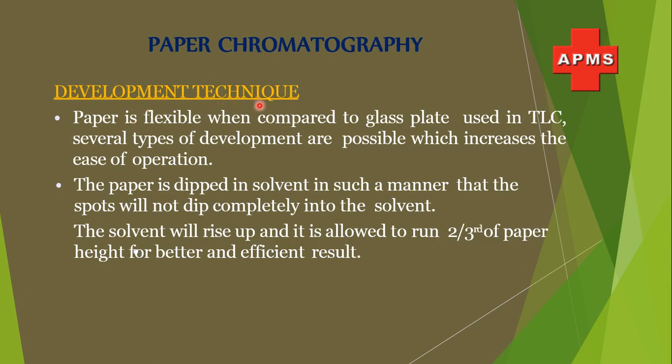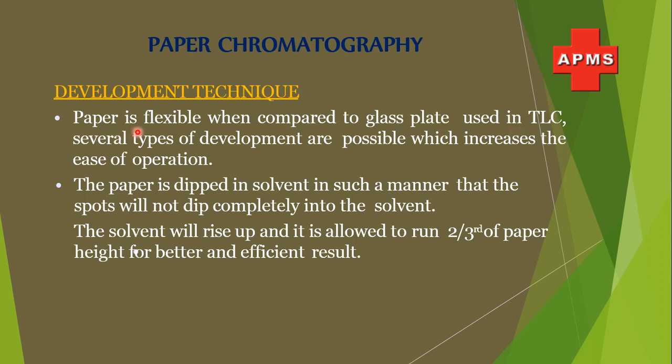Now, development technique. Paper is flexible when compared to the glass plate used in TLC. See here, a comparison of TLC with paper chromatography is shown. In the TLC technique, we cannot turn or rotate the TLC plate because it is very robust and strong.